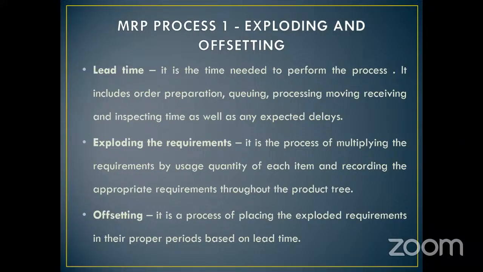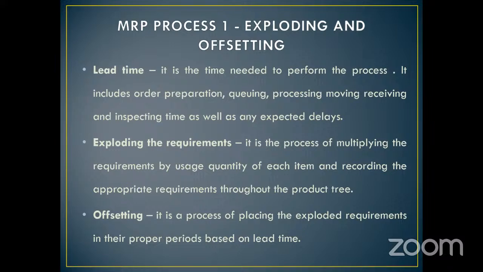That means it is the time needed to perform the process. It includes order preparation, queuing, processing, moving, receiving, and inspecting time, as well as any expected delay. All these things come from the lead time.